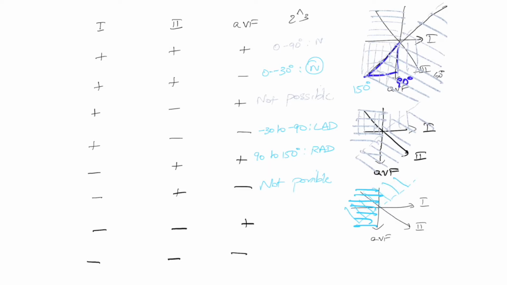And AVF is positive, so it's somewhere here. And so the axis is somewhere right here. Now, we already said this is 150 degrees and this is 180 degrees. So in essence, the axis now is 150 to 180, and this would be considered right axis deviation.